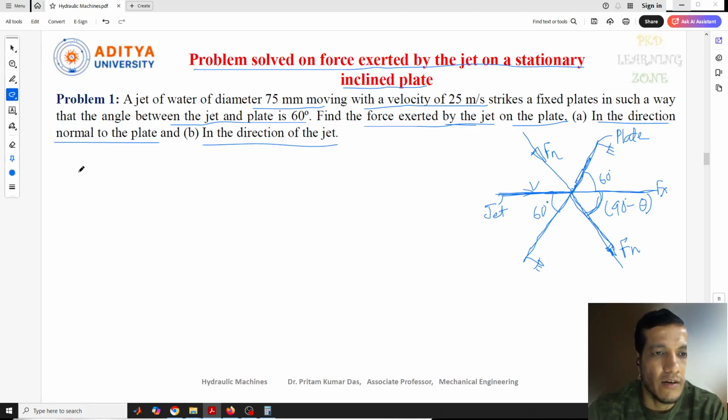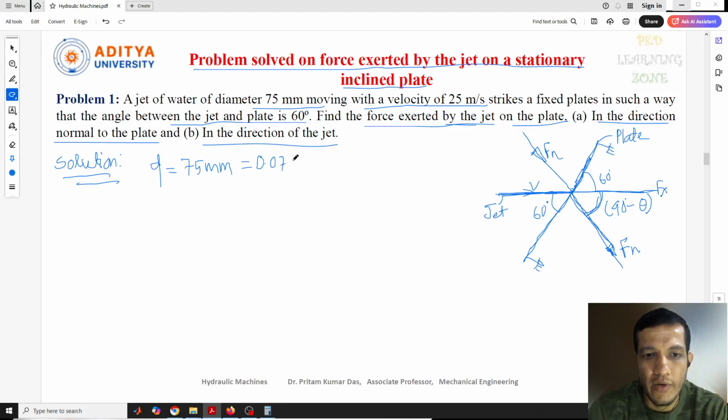So first, let's write down the data given. For the solution, we can write jet of water diameter D is given as 75 millimeter, and let's convert this into meter, that is 0.075 meter. And from here we can find out the area A. So area is nothing but pi by 4 D square.